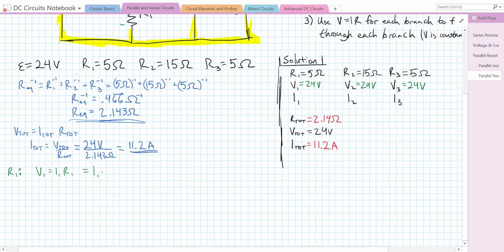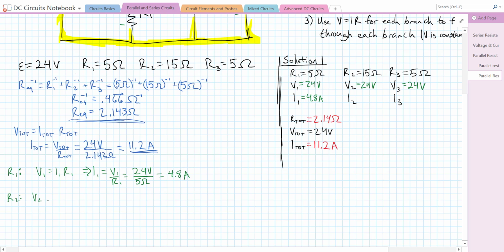So that means I1 is equal to V1 over R1. And V1 is 24 volts. 24 volts divided by a resistance of 5 ohms gives us 4.8 amperes. I1 is 4.8 amperes.